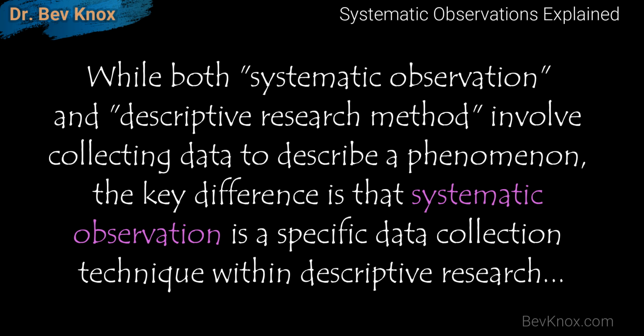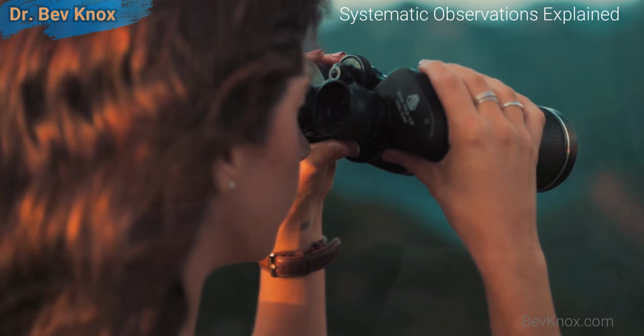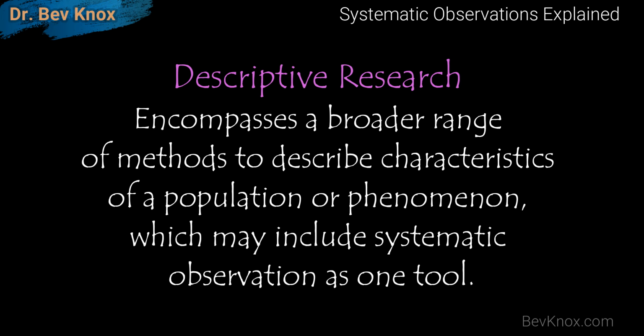So while both systematic observation and descriptive research method involve collecting data to describe a phenomenon, the key difference is that systematic observation is a specific data collection technique within descriptive research, focusing on carefully constructed observation of specific behaviors, while descriptive research encompasses a broader range of methods to describe characteristics of a population or phenomenon, which may include systematic observation as a tool.